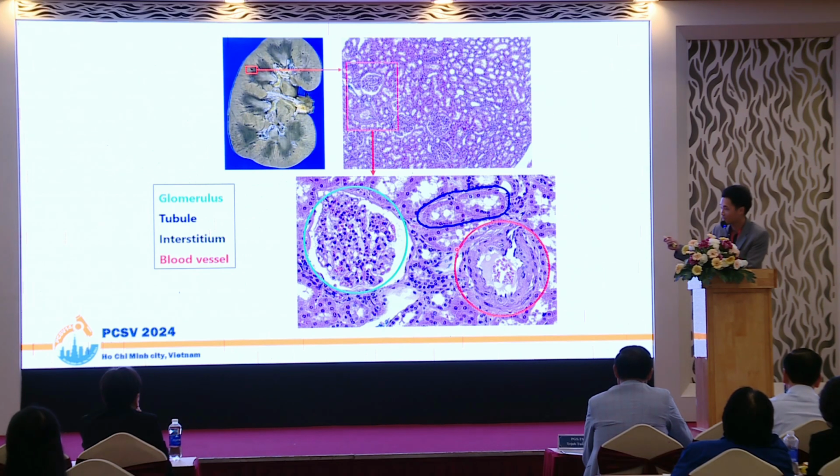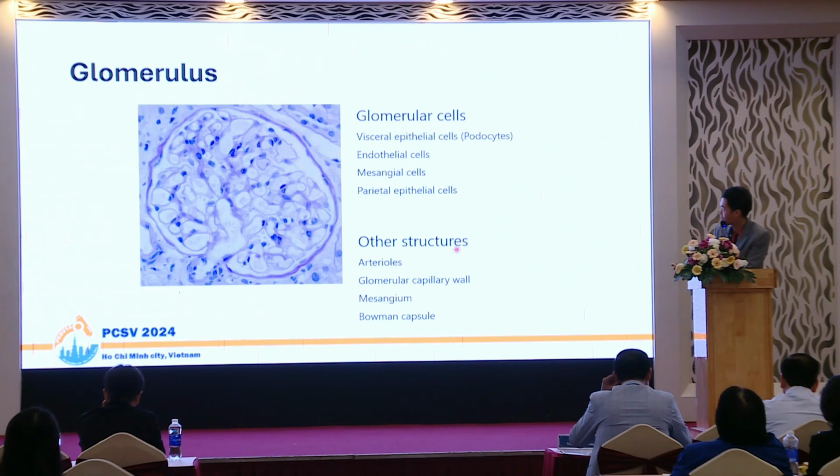Between tubules there is interstitium, but in a normal kidney there is only a scarce amount of it, and we cannot identify the interstitium easily.